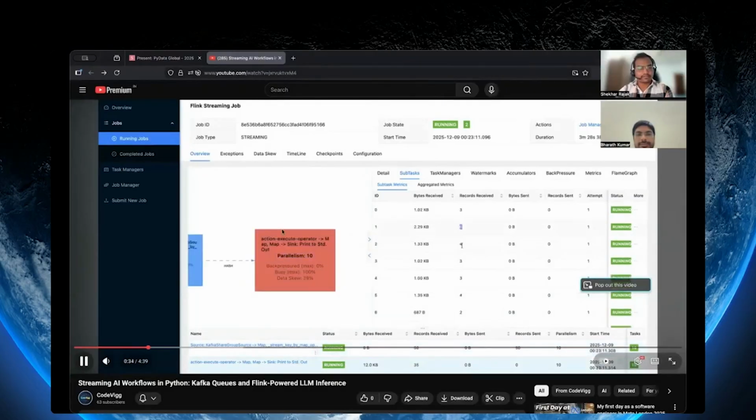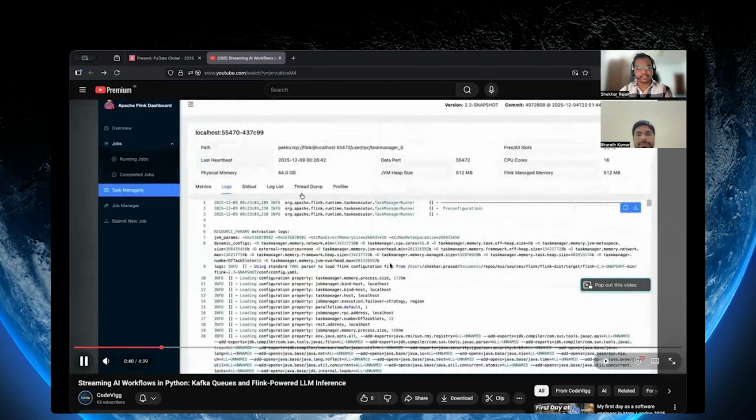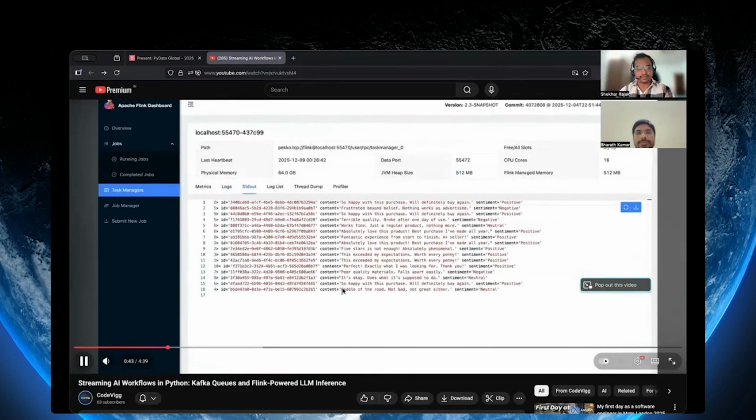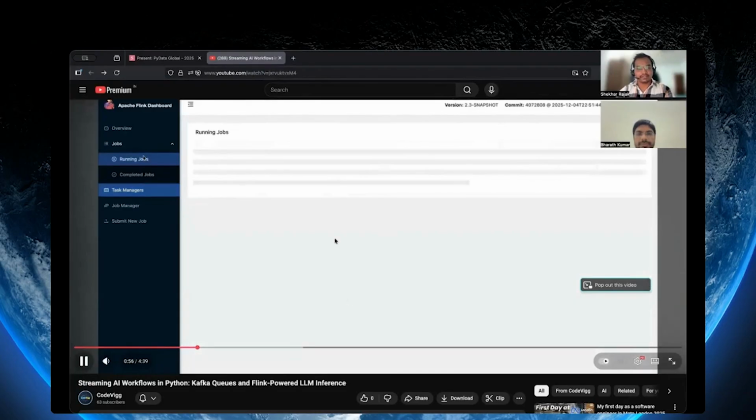So here there is one Flink job running. As we can see, there are a number of tasks and we can see the content and the sentiment that is derived by the agent. This is a simple example, but does a lot.